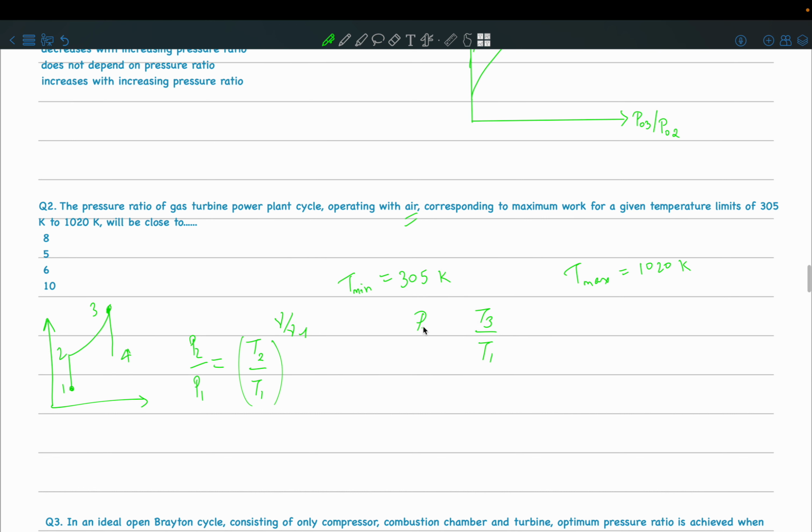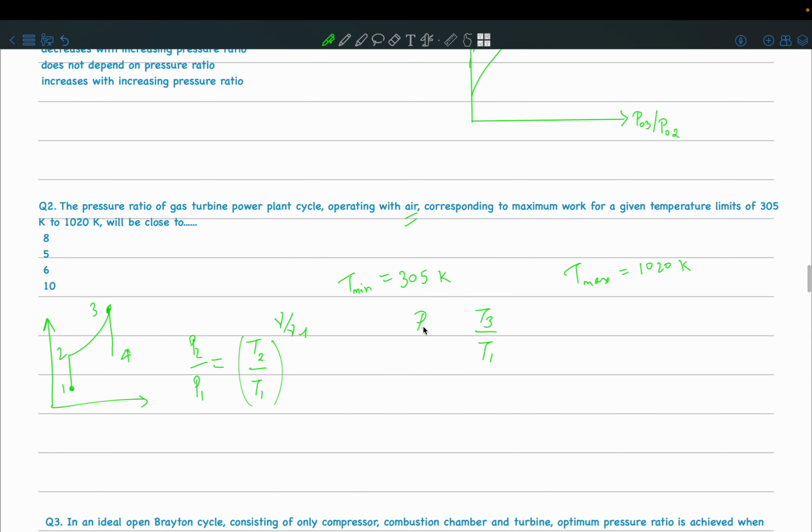Then if you put the values, that is 1020 divided by 305 to the power, gamma for air is 1.4, so 1.4 divided by 2 into 0.4. If you evaluate this, you will get the answer. The answer is approximately 8. Okay, so we'll move on to the next question.